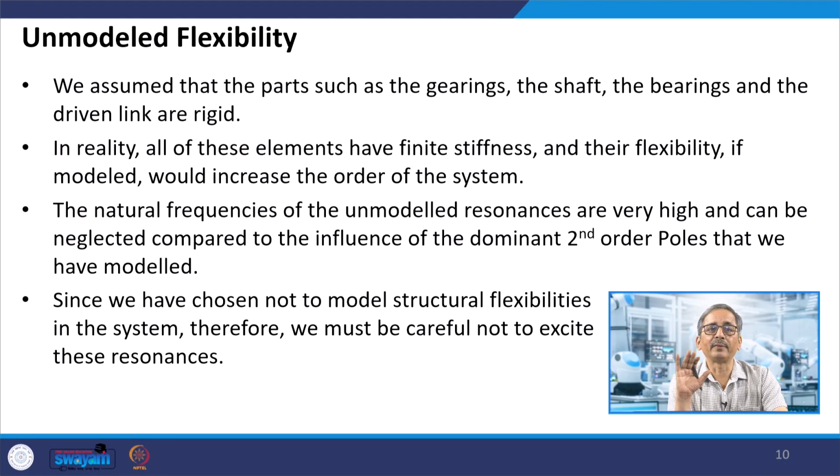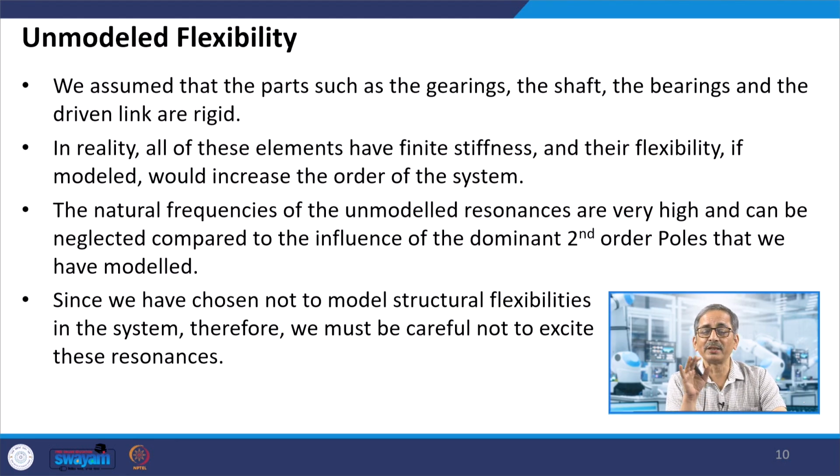So, if the natural frequency of the unmodeled resonances is very high, then we can neglect their effect as compared to the influence of the dominant second order poles that we have modeled in the system. Since we have chosen not to model the structural flexibilities in the system, we must be very careful that these frequencies are not excited.